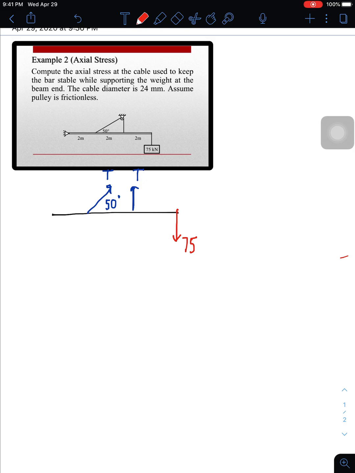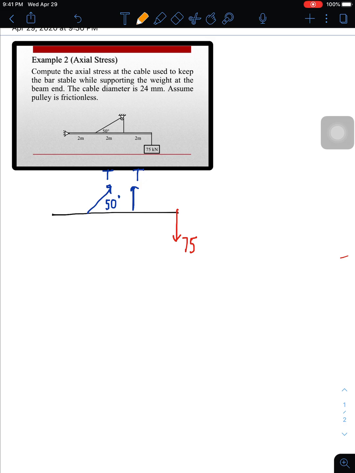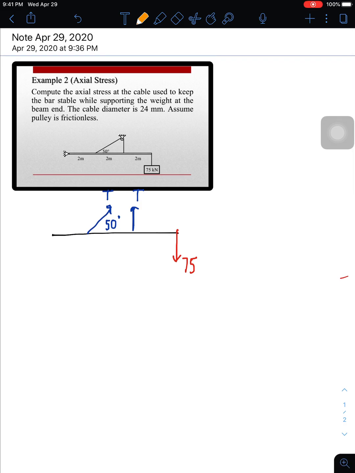Also in this portion, you have to place reactions. I'll call them R vertical, and you can decide whether upward or downward, and then I also have R horizontal.